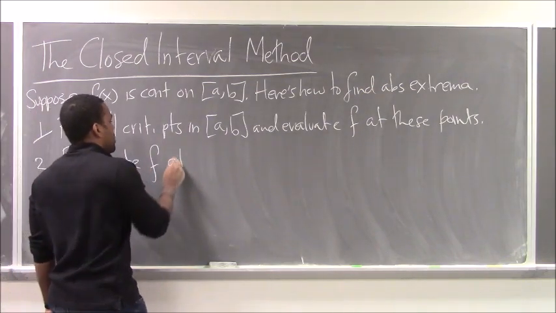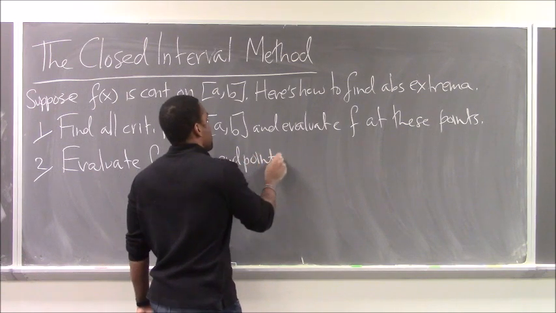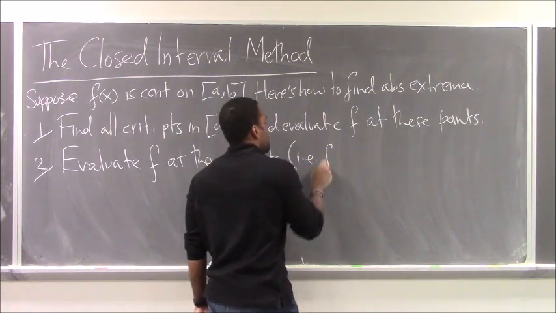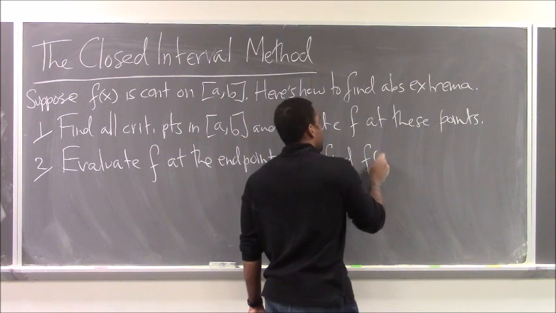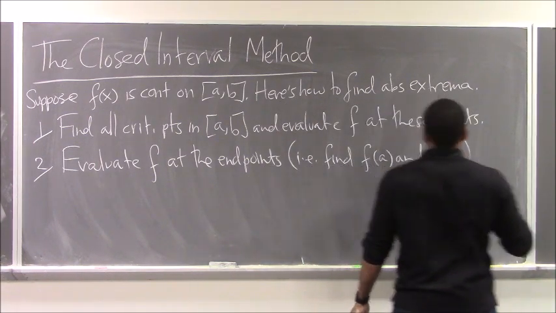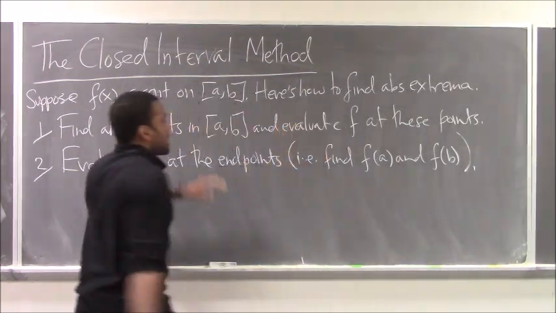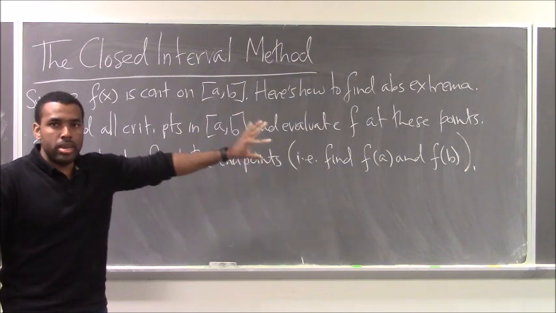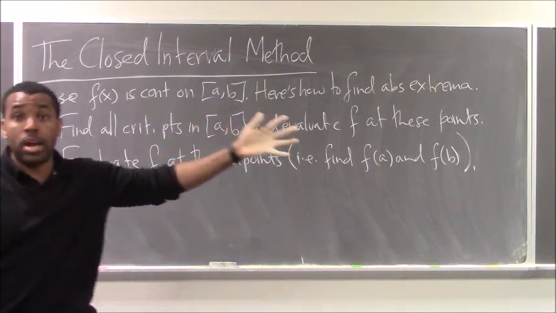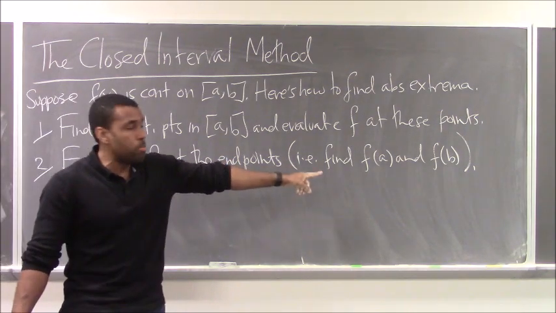Evaluate f at the endpoints, i.e., find f of a and f of b. So you're going to find all the critical points, the kind of guys who would give you maxes or mins with first derivative tests, perhaps. Then you're going to find what f is doing at the endpoints.